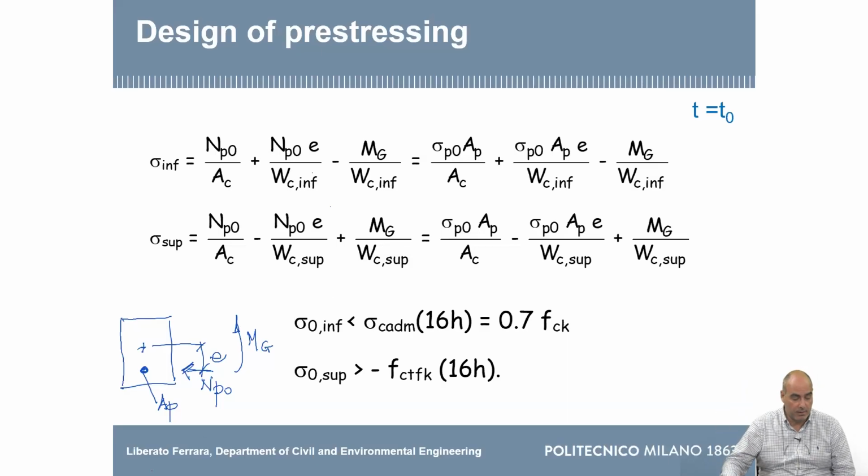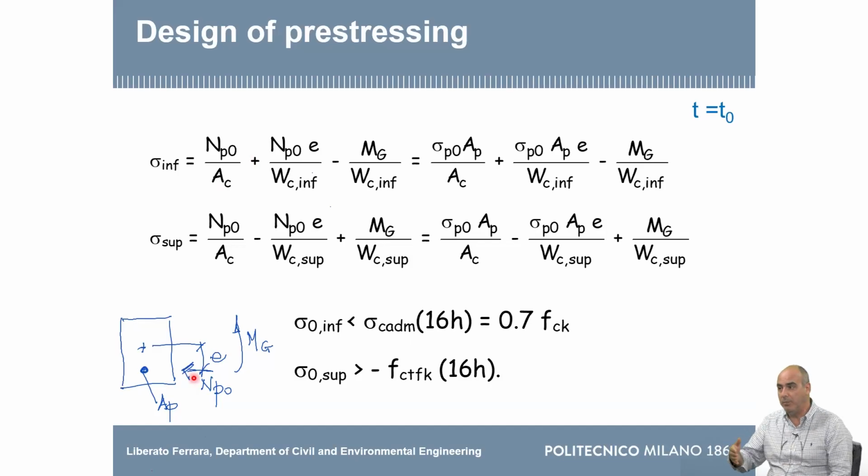At the bottom, what do you have? At the bottom, you have NP0, which is the force, divided by the area of the cross-section, plus, I assume compressive stresses as positive, so this pre-stressing force is equal to a force, but also there is a bending moment effect.